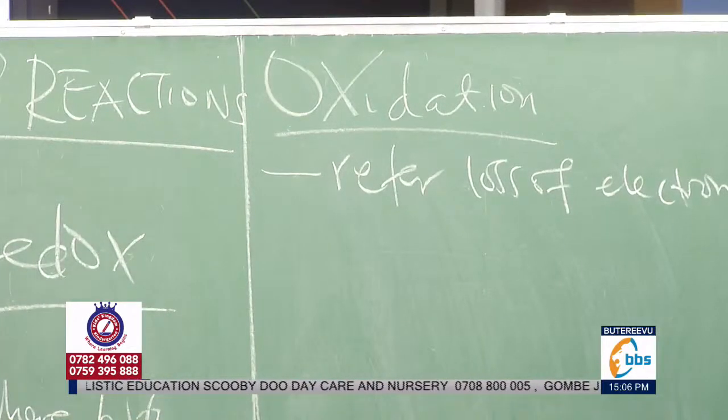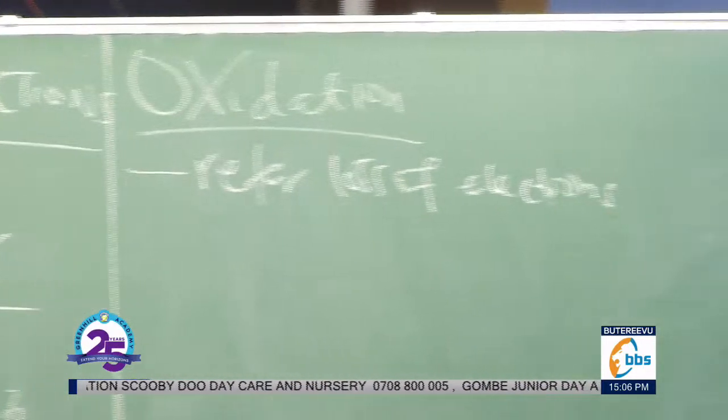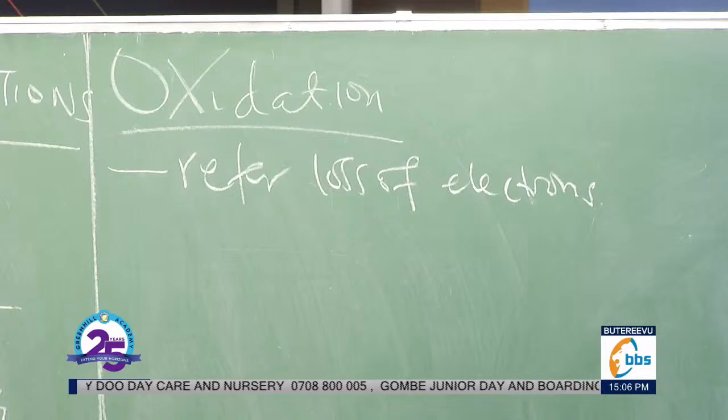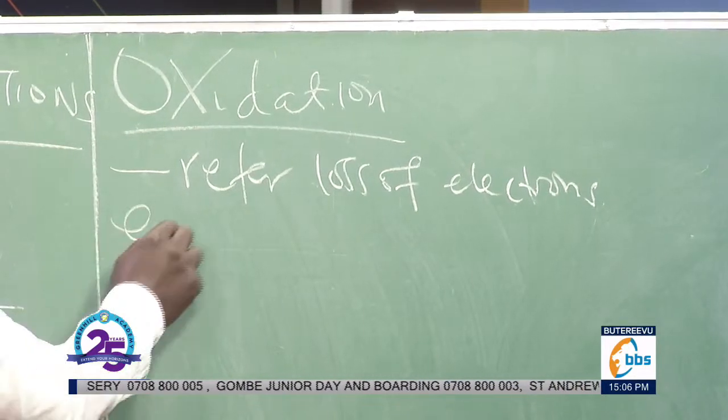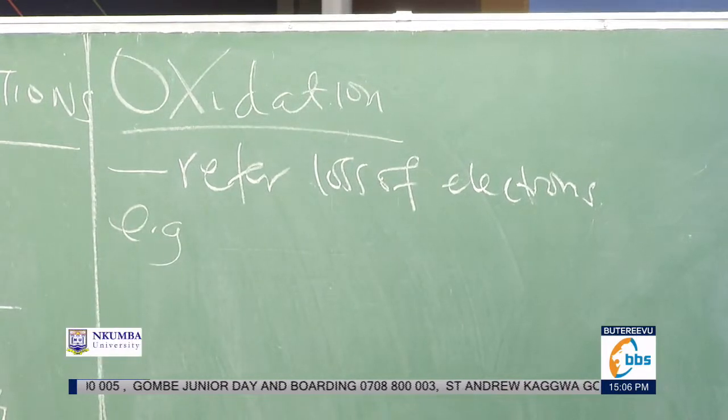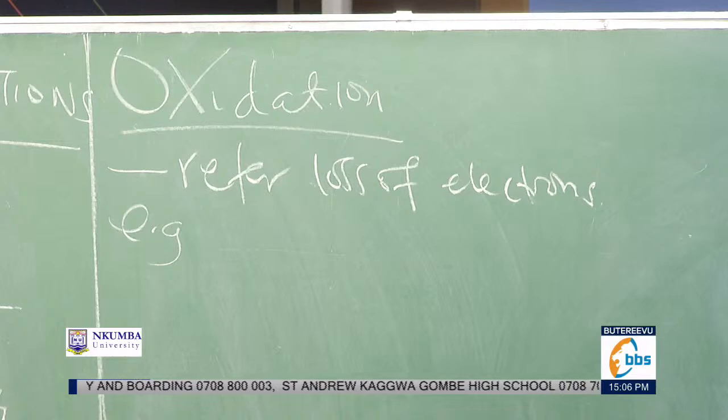So when an element loses electrons, that reaction is called oxidation. I can give an example. It normally occurs in metals. Now these metals normally lose their outermost electrons. So this process of losing electrons is called oxidation.